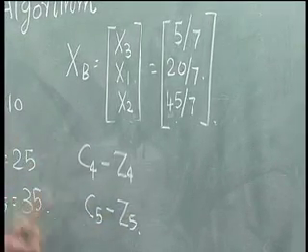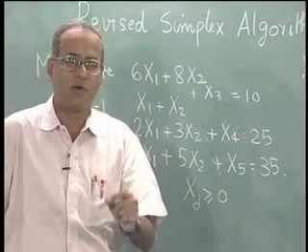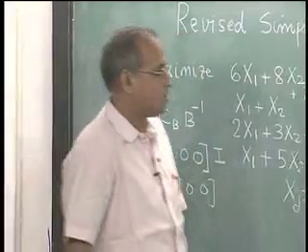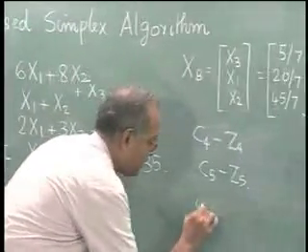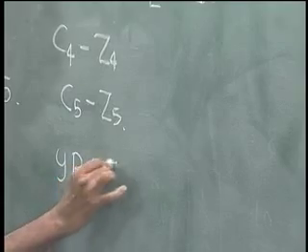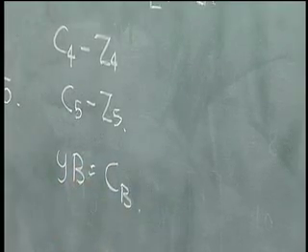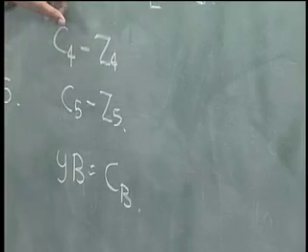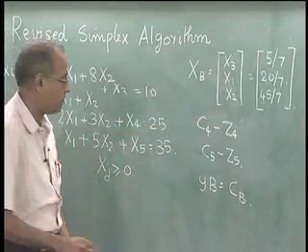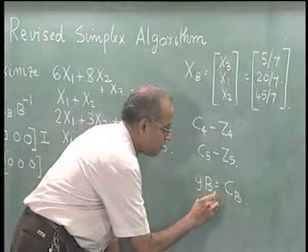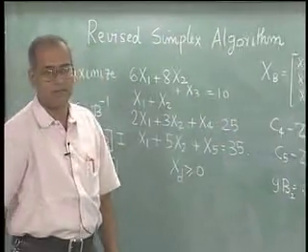Now, before we do this, we need to find out the value of the dual, which is y. So, dual y is given by yB is equal to Cb. Now, we call the basis corresponding to this as B2. So, yB2 is equal to Cb.